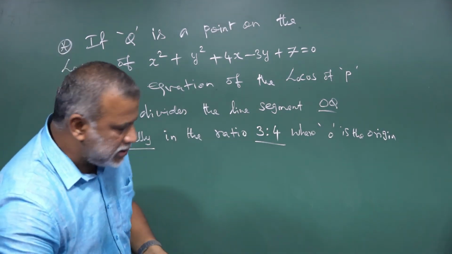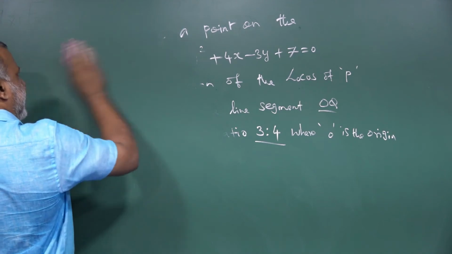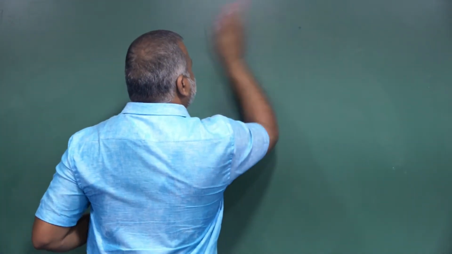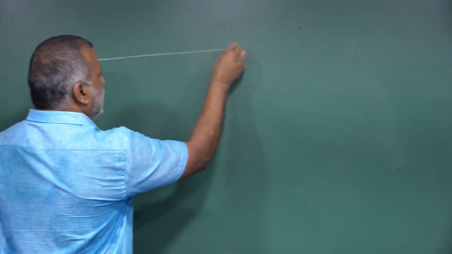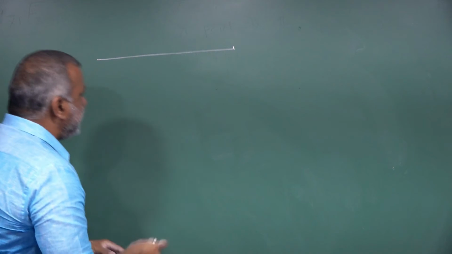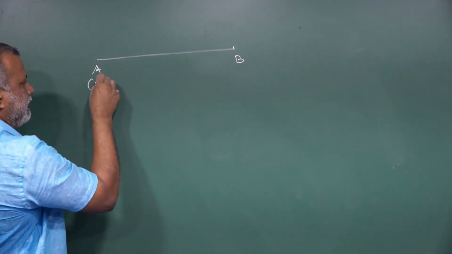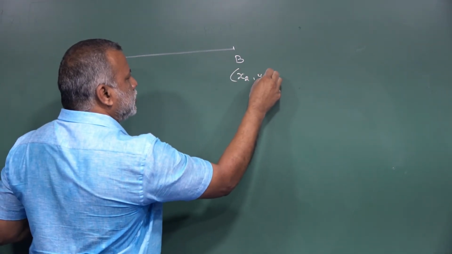Now listen students. In your lower classes, 9th or 10th standard, you discussed internally and externally a point. Just recalling this concept. For example, I am taking a line segment AB, A of x1, y1, B of x2, y2.